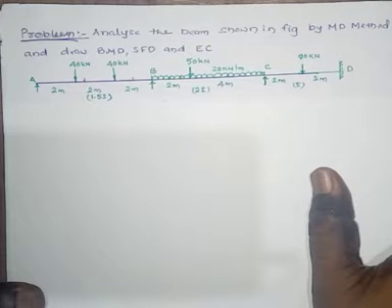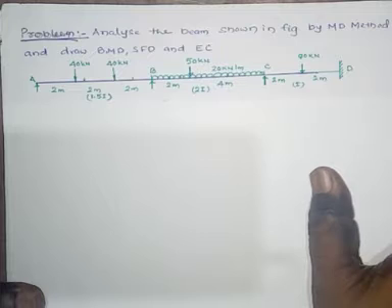Then span BC is subjected to a point load of 50 kilonewton at a distance of 2 meter from B and 4 meter from C, and in addition to this, 20 kilonewton per meter of UDL over the entire length. The total length is 2 plus 4, that is 6, and moment of inertia is 2I.